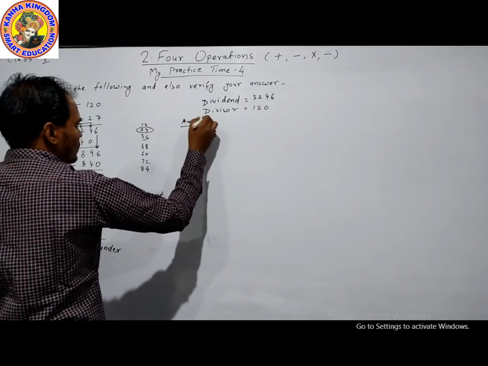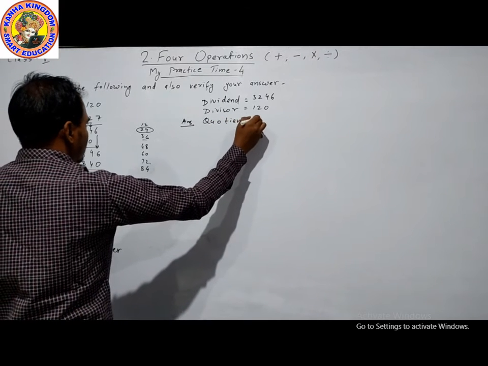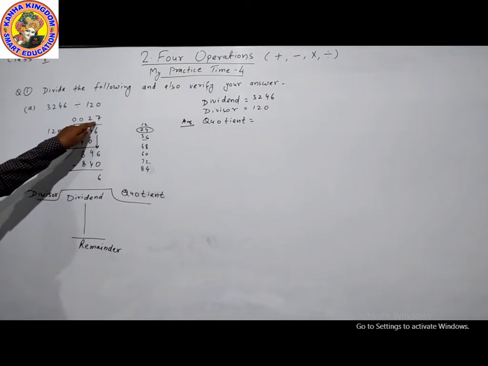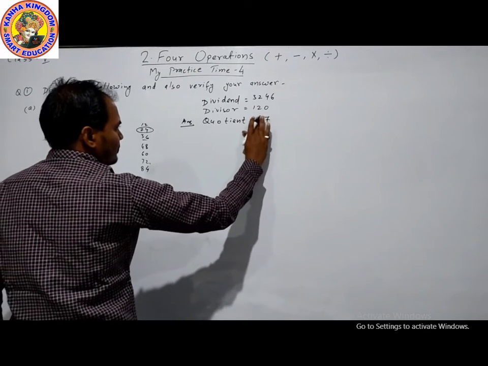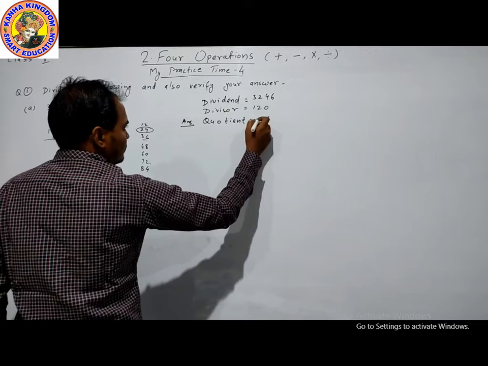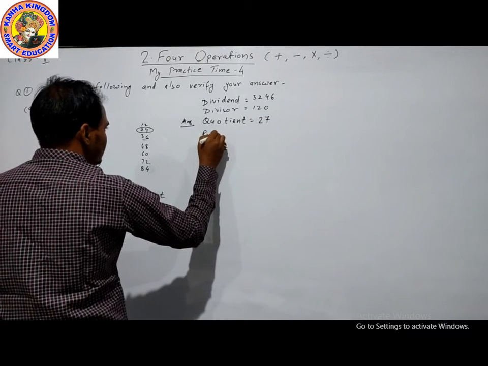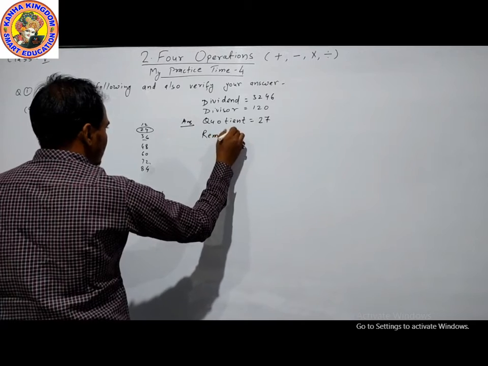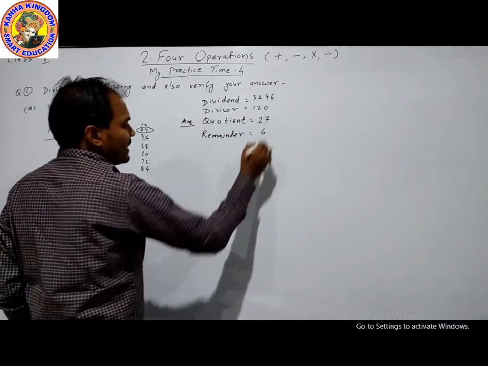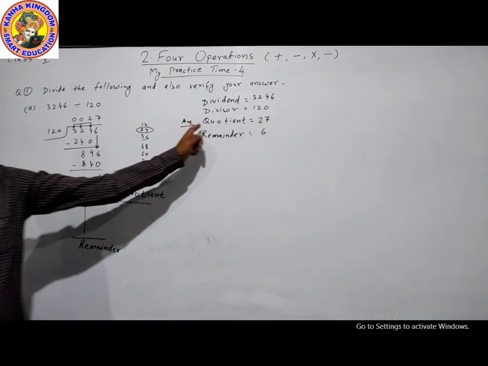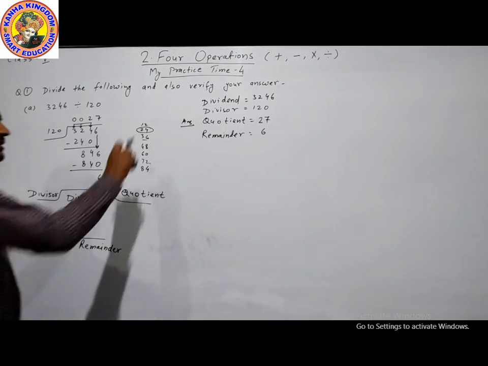So in our answer, the quotient is 27 and the remainder is 6. The quotient is 27, remainder is 6. This is our answer.